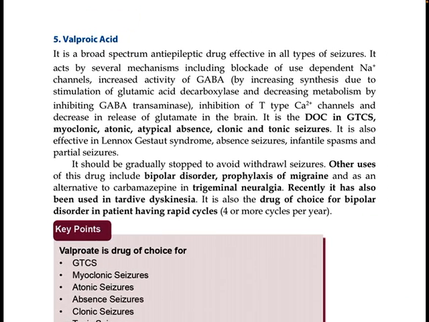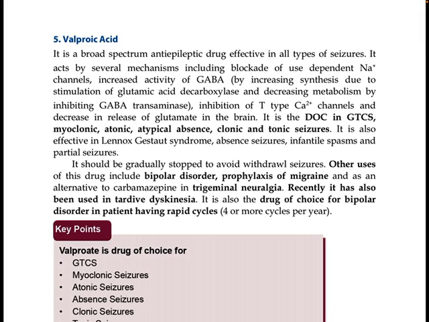It's effective in all kinds of seizures, and it acts by several mechanisms, including blockade of sodium channels, increasing activity of GABA due to stimulation of glutamic acid decarboxylase, and decrease in metabolism by inhibiting GABA transaminase. It also inhibits the T-type calcium channels.